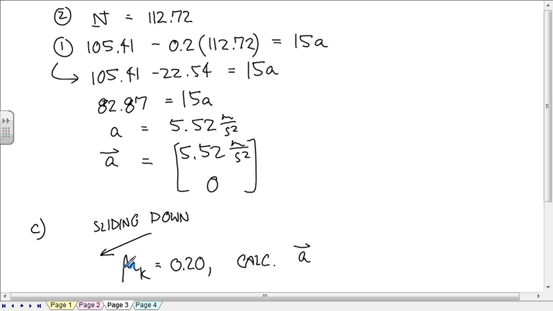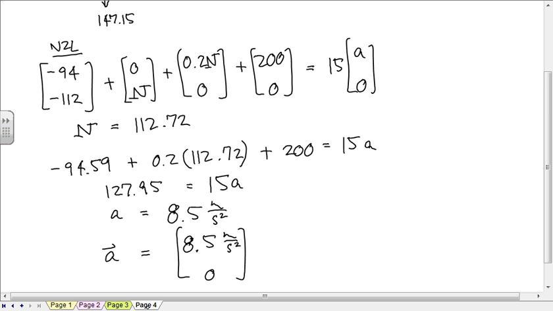Then when it was sliding down the ramp and the friction force was up the ramp, we got an acceleration that was bigger, more positive than the acceleration when there was no friction. And that's because by changing the direction of the motion, we changed the direction of that friction force, okay?